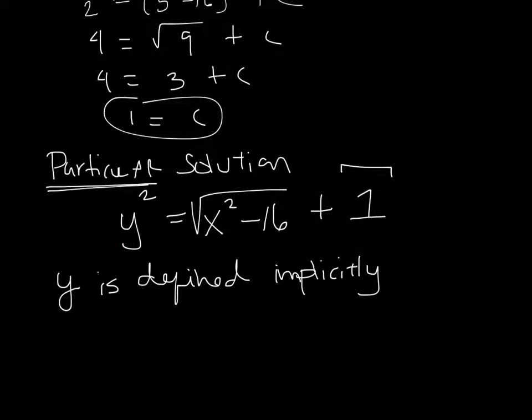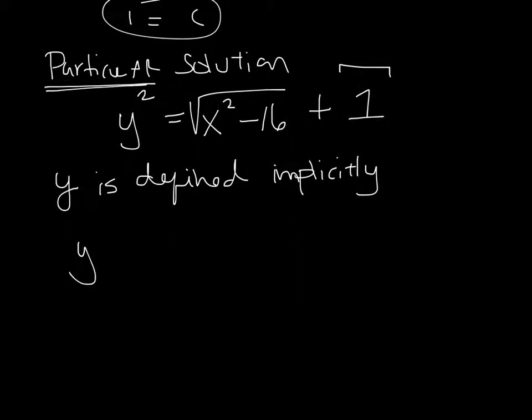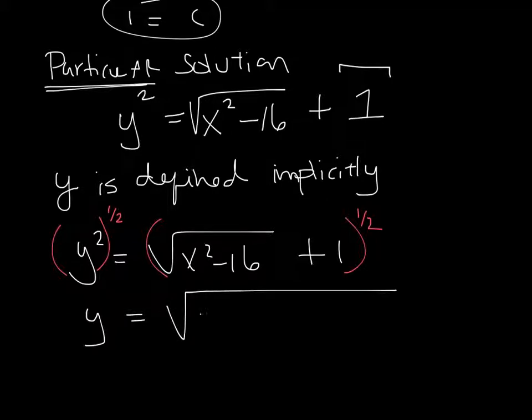If you wanted to find an explicit one, you can take the square root of both sides, which is the same thing as raising both sides to the 1/2. I would just get y, because half of 2 is 1, and then, if you wanted to write it like this, the square root of the square root of x squared minus 16 plus 1.